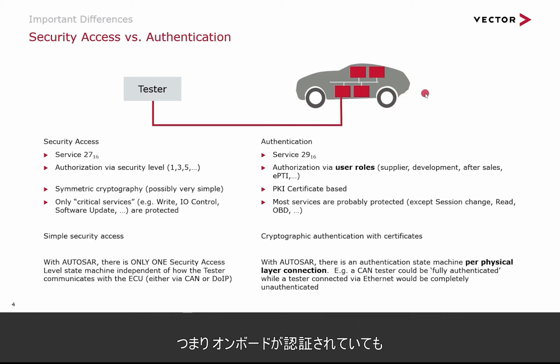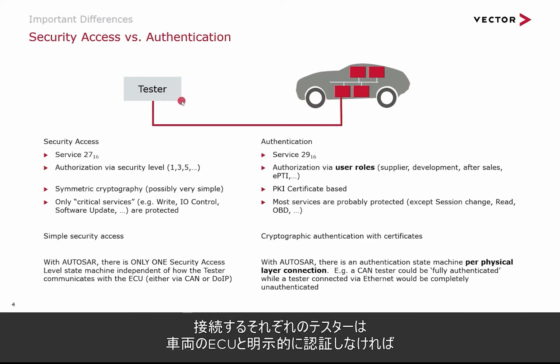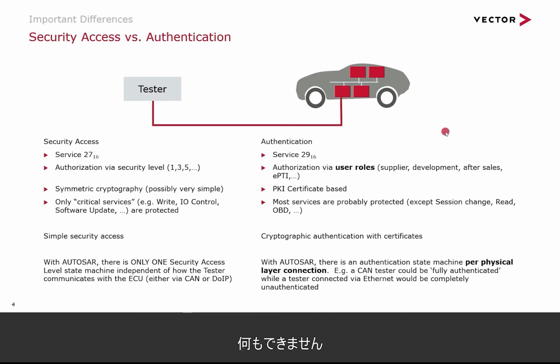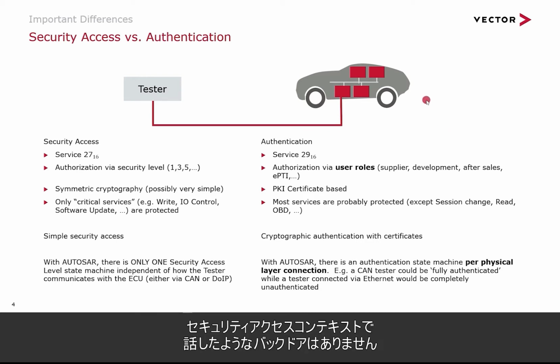So I can be fully authenticated on board, but any off-board tester is completely unauthenticated. So each tester that connects has to explicitly authenticate with the ECUs in the vehicle to be able to do things. So we don't have this backdoor that we kind of talked about in the context of security access.